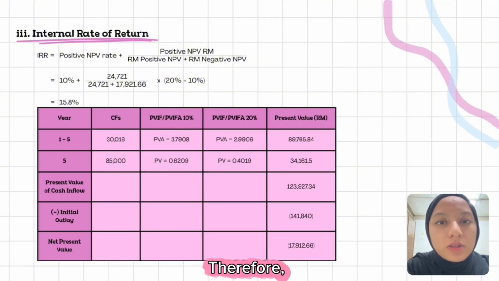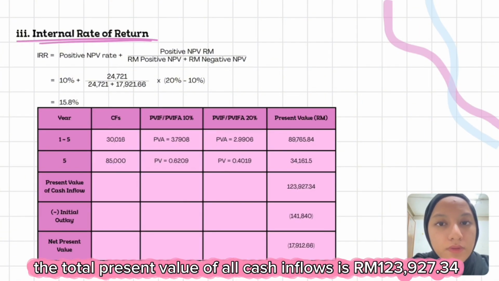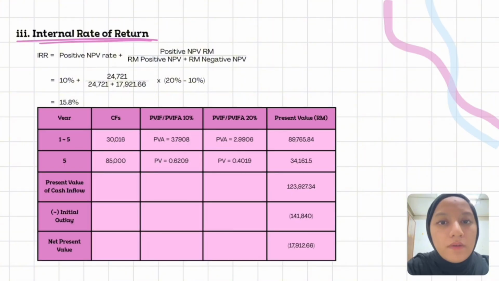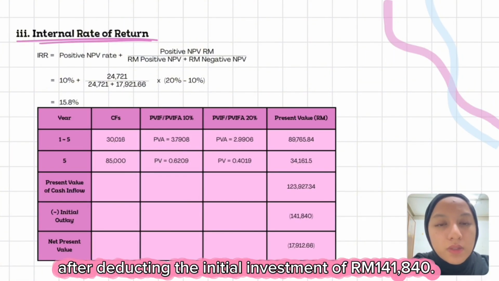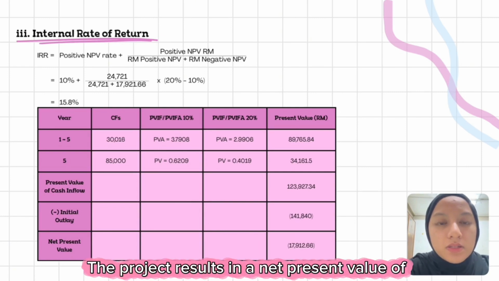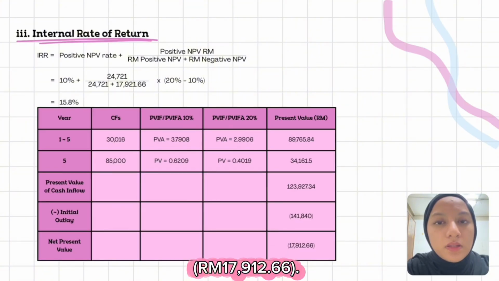Therefore, the total present value of all cash inflows is RM123,927.34. After deducting the initial investment of RM141,840, the project results in a net present value of negative RM17,905.66.